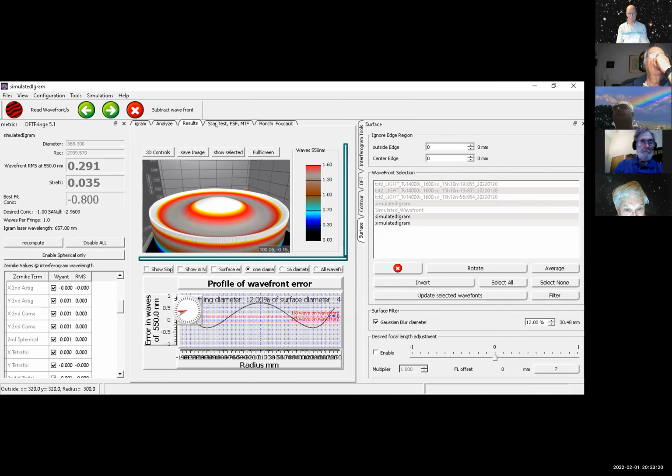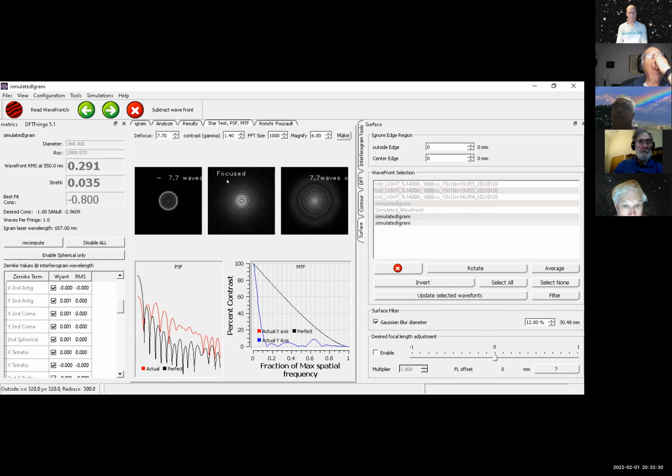Now that's going to mean that the center is too high and the edge is too high. Okay, and so here we go. You can see here the difference. Oh, wow. Wavelengths.